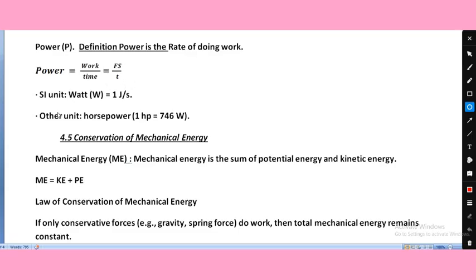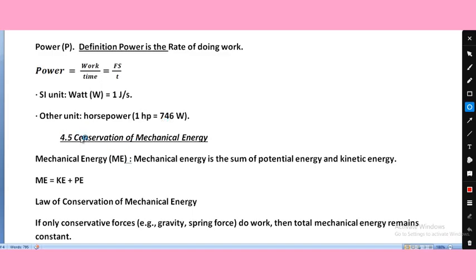Work done is the product of F times s, and time is t. The SI unit of power is the watt, represented by capital W. One watt is when 1 joule is transferred in 1 second. The other unit of power is horsepower.